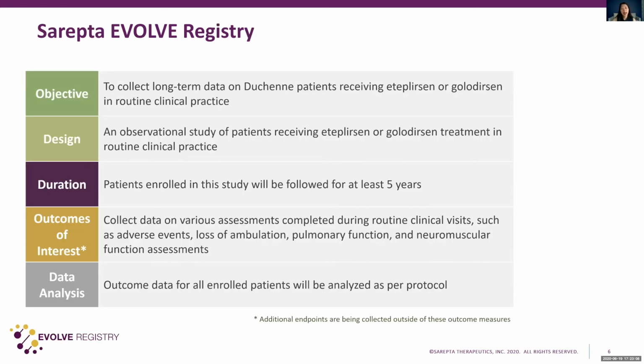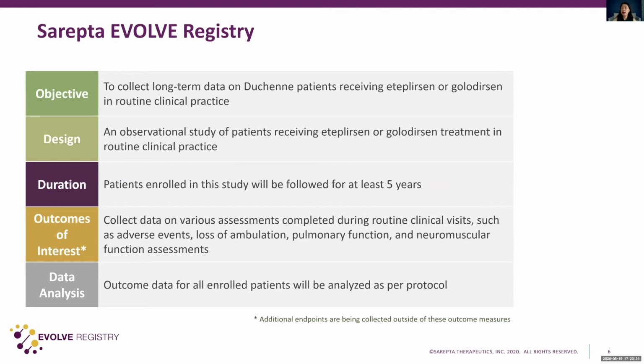In order to collect and analyze real-world data for patients with Duchenne that are being treated with eteplirsen or golodirsen, Sarepta has set up a long-term real-world data collection registry called the EVOLVE Registry. Our EVOLVE Registry is designed to be an observational study, which means that the real-world data collected are generated during patients' routine clinical care.